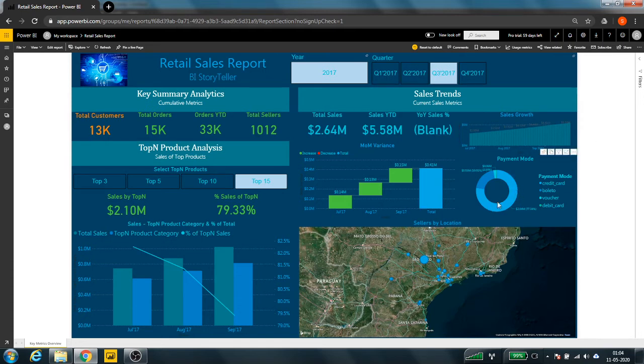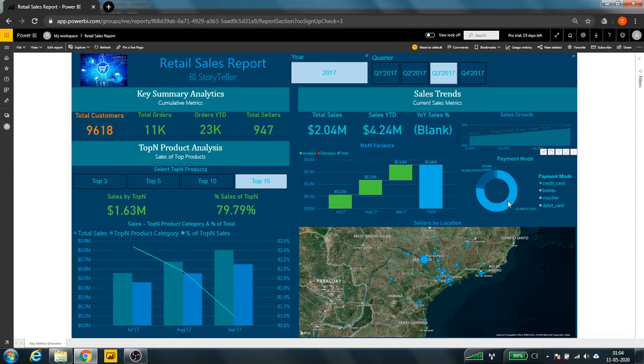Not only that, if I wanted to look at sales for 2017 for Q3 and just for the credit card payments, right? So if I just select the credit card portion of the donut here, now I'm looking at all the data for 2017 for Q3 and only for the credit card payment mode, right?